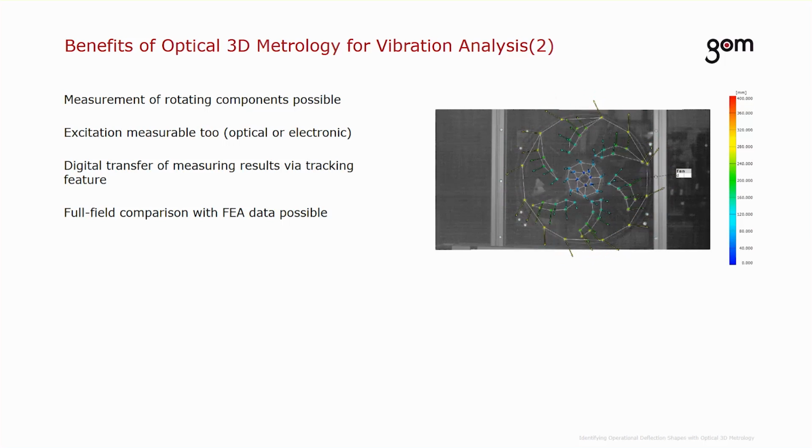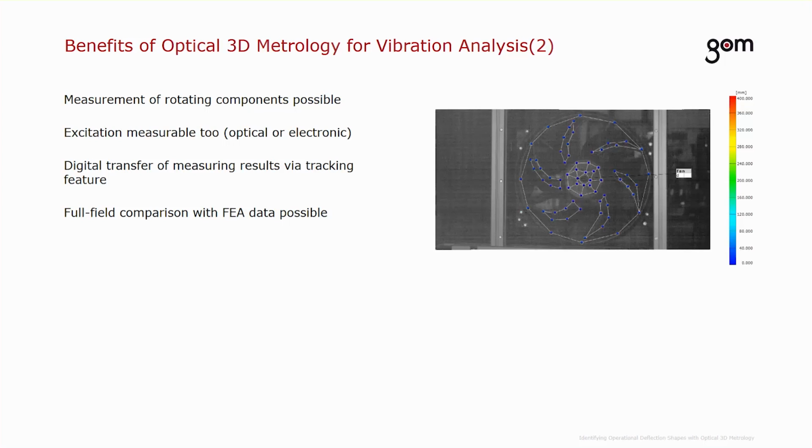If you want, you have the possibility to also include the excitation information in your measurement. This can be done on the one hand with placing either these measuring targets on your shake table or on your device that induces the excitation, or of course you have the possibility to also sample an electronic signal, a voltage signal that gives an information about the excitation.